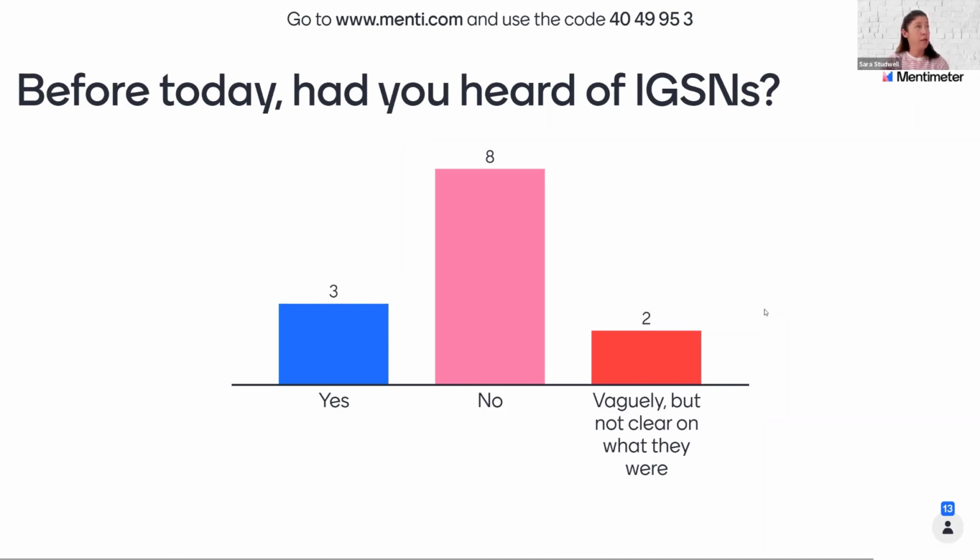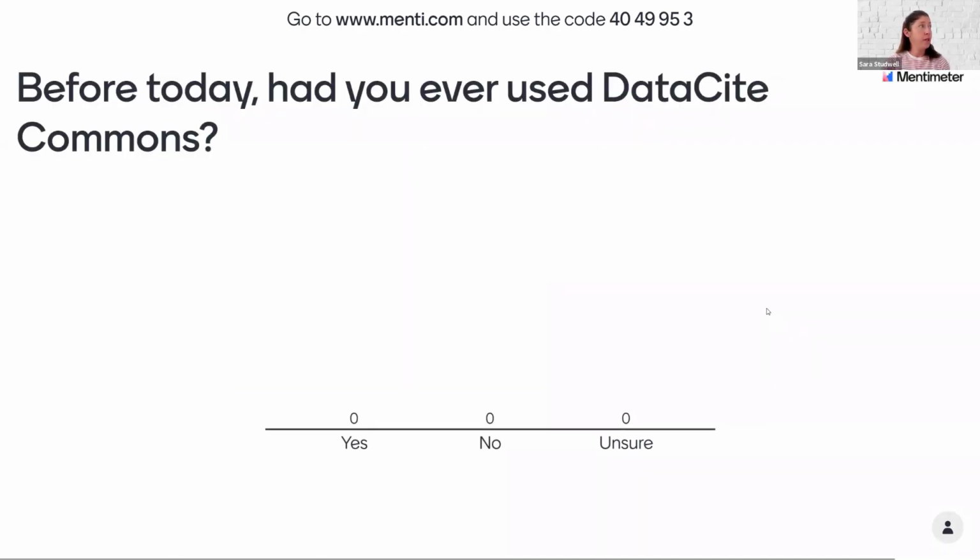Okay. And then jumping back to the beginning, before today, had you ever used DataCite Commons? Yes, no, or you're not sure. Well, Drew, it looks like you gave a great introduction to DataCite Commons.